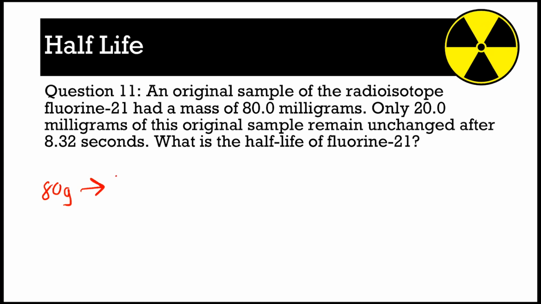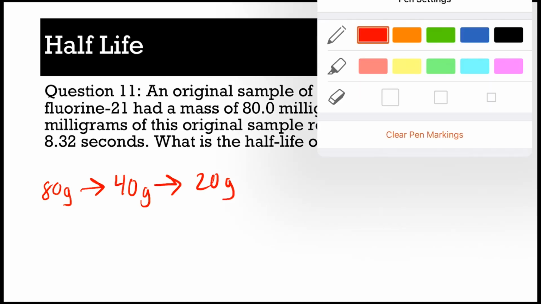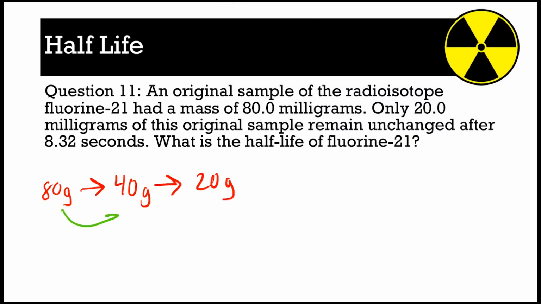So half of 80 is 40. We have to do it again. Half of 40 is 20. So here, we see we've done 1 half-life, 2 half-lives. Now, in order for this to happen, it took 8.32 seconds.